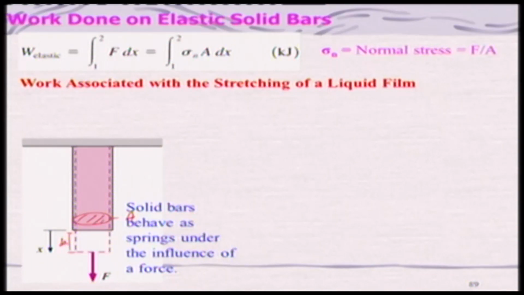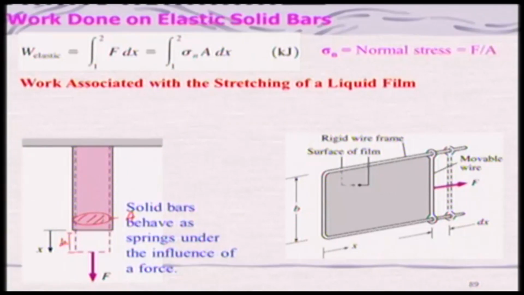Now, work associated with the stretching of a liquid film. Let's say there is a movable bar with a rigid frame here. If you dip this frame in the soap solution and move the movable wire, you can get a film whenever you apply a certain force.